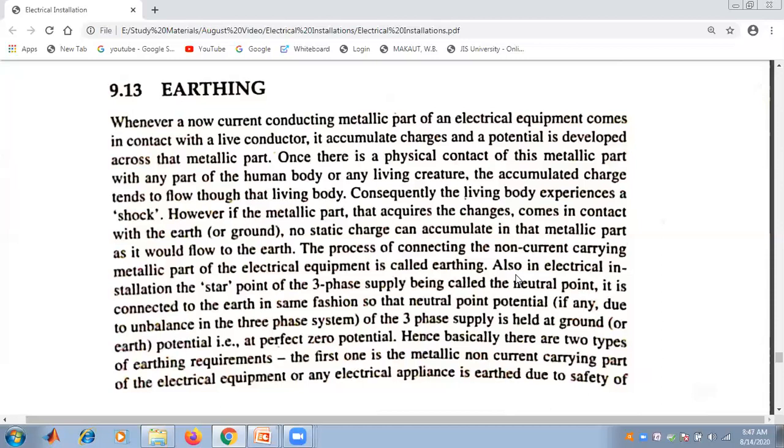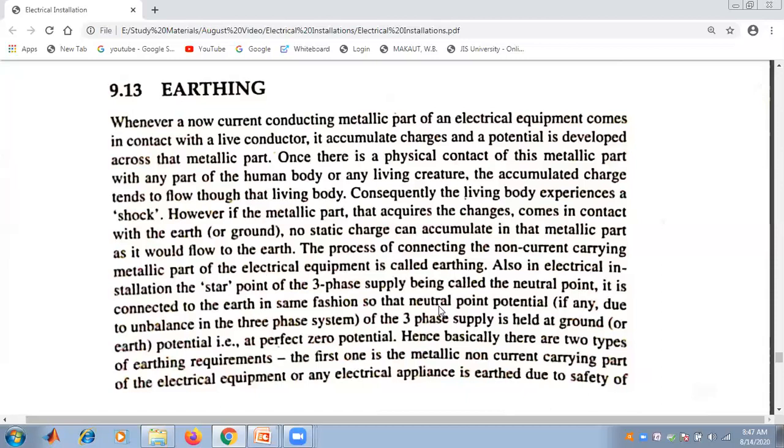This is the main conception working behind earthing. The process of connecting the non-current carrying metallic part of electric equipment to the earth is called earthing.